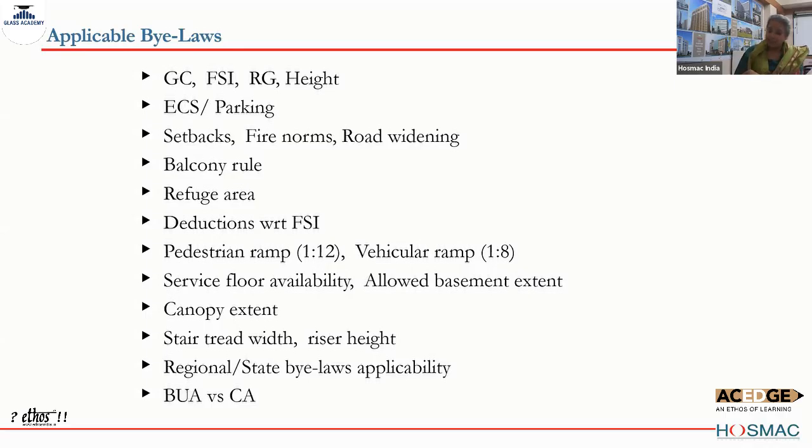So that does come as a surprise. And there are many projects that we were told to shift the building by another 6 meters because the setback isn't right, because that part of the site has gone to the city. So it can be a little dicey. So we need to, at the beginning itself, get these norms in order.